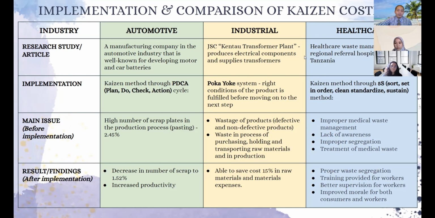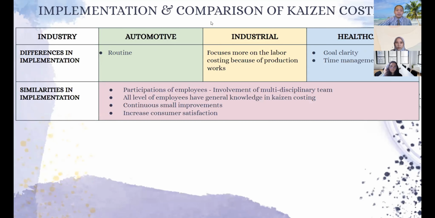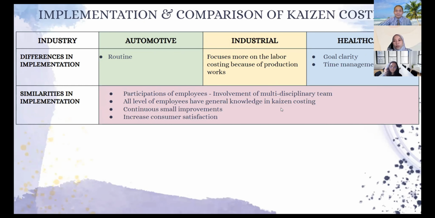And then for the next part of the presentation, I will pass to Ayuni to discuss further on the comparison. Thank you, Arif. So in the automotive sector, the difference that I have discovered is the working routine.